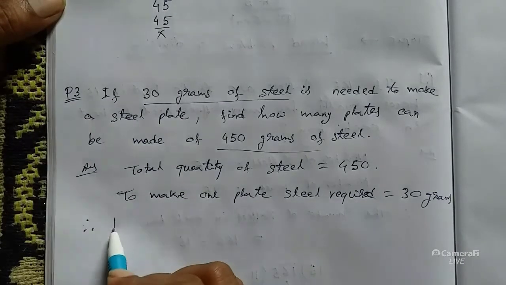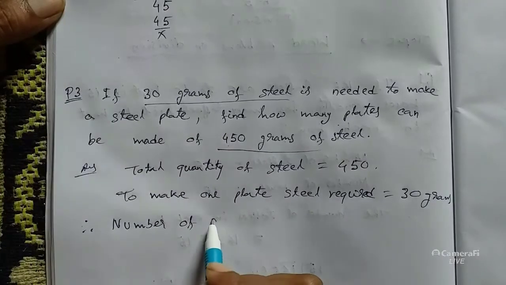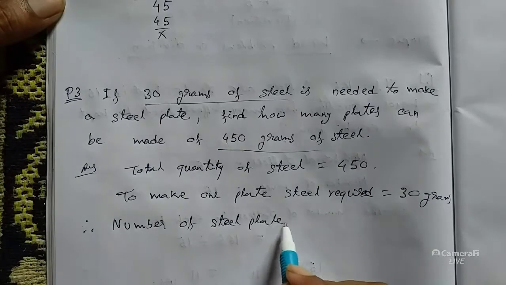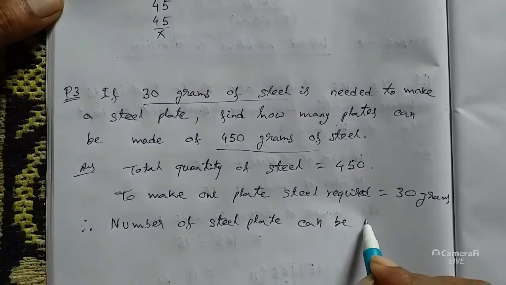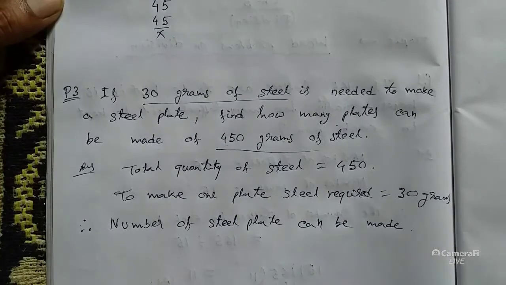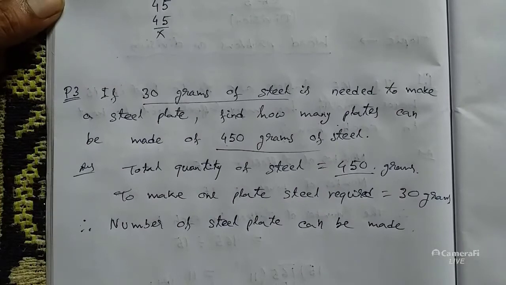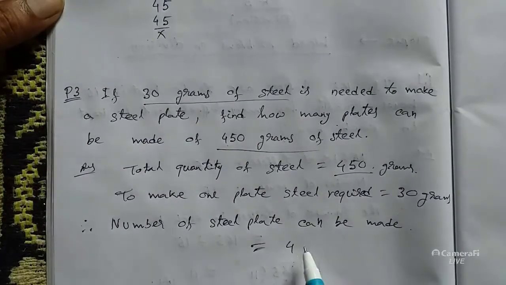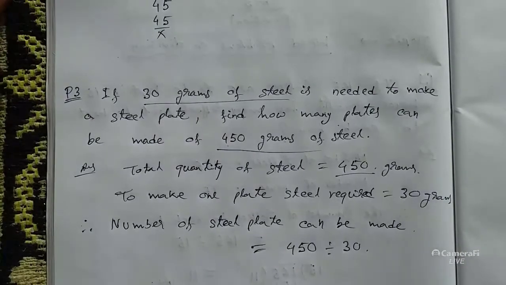Therefore, the number of steel plates that can be made by this 450 grams of steel should be equal to 450 divided by 30.